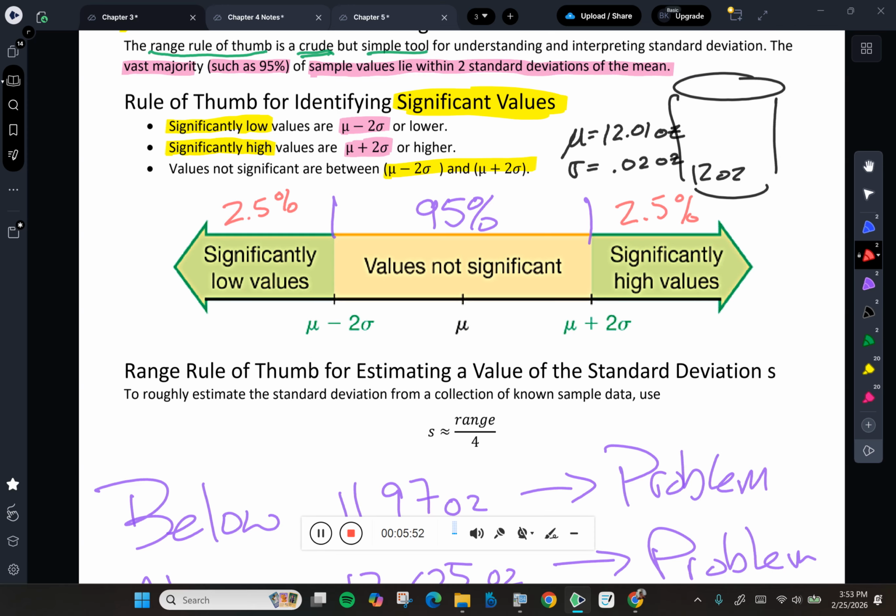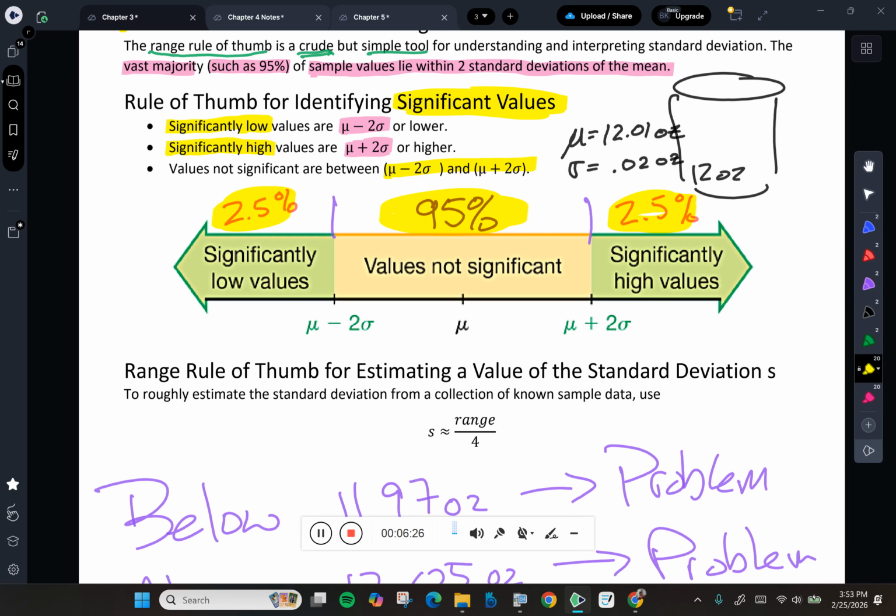And so in statistics, we tend to use that 95% as our benchmark to say that anything that has a 5% or less chance of occurring, we should question, we should look at. That isn't usual, that is unusual to happen. So these two tails, if you will, the significantly low values and the significantly high values, represent that 5%. Whereas the 95% in the middle is the, yeah, we would expect to see that.